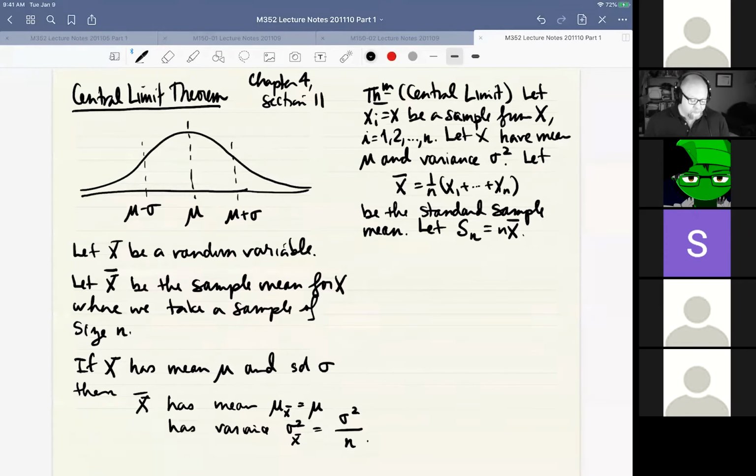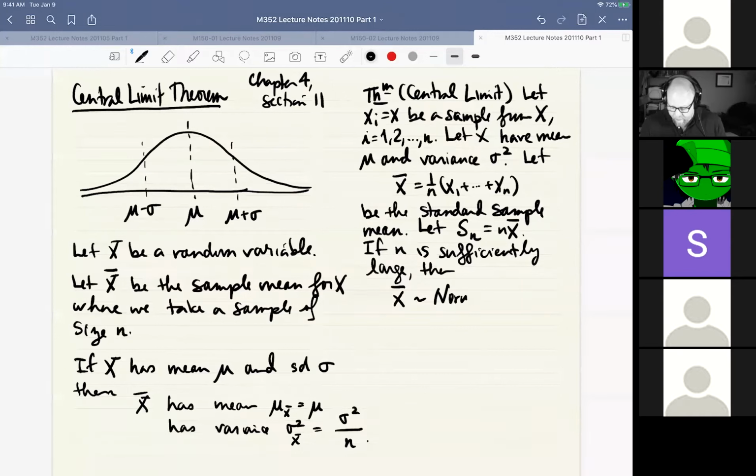Then the central limit theorem tells us if n is sufficiently large, then the sample mean is going to be distributed like a normal random variable with mean mu and variance sigma squared over n.